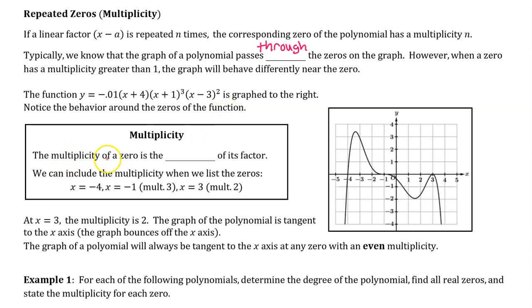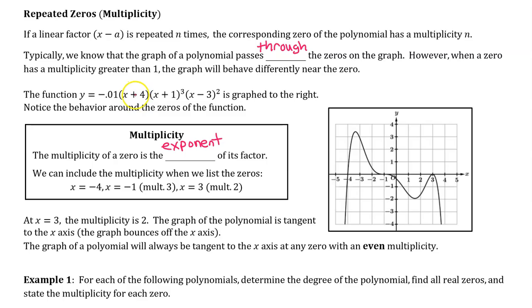The multiplicity of a zero is the exponent of its factor. So if we have a polynomial written in factored form like this, we can know the zeros by setting each factor equal to 0. So we get a 0 of x equals -4.